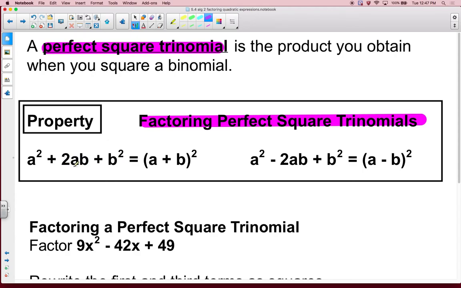And then the middle term is 2 times whatever a is and whatever b is. And this is how you factor it. Then for this one, again, it'll be your a squared, a perfect square, a perfect square for your last term, and the middle term is a negative 2ab.